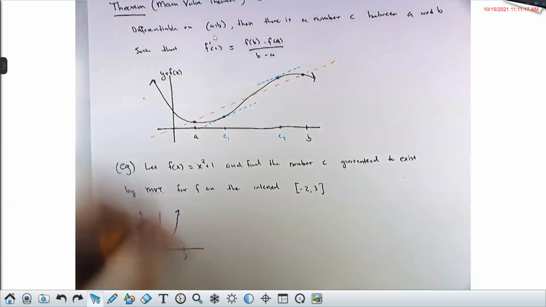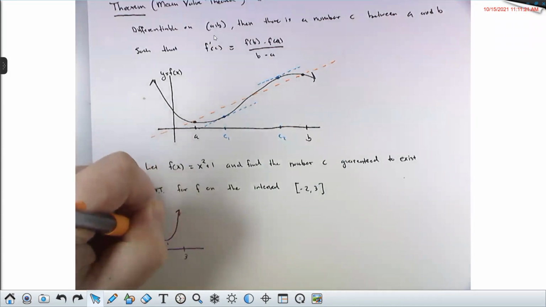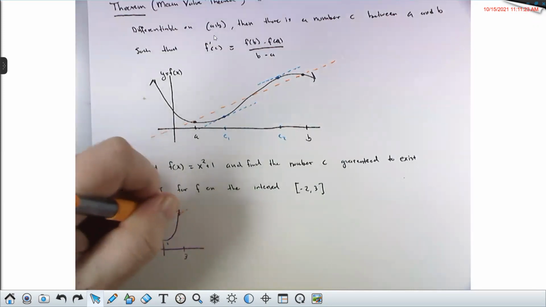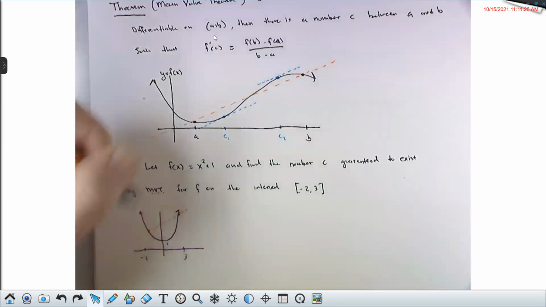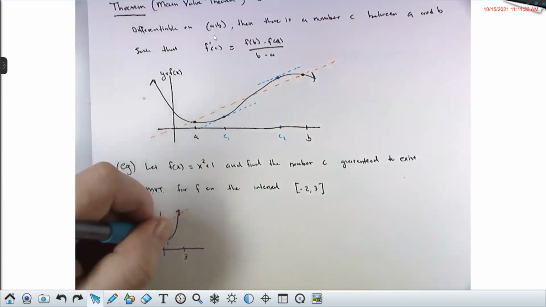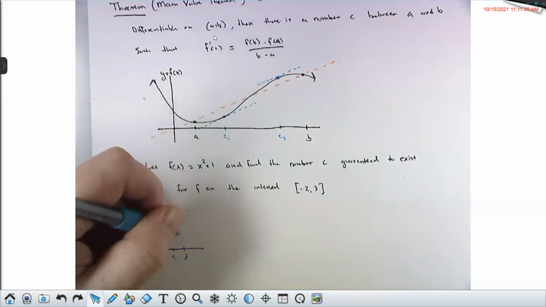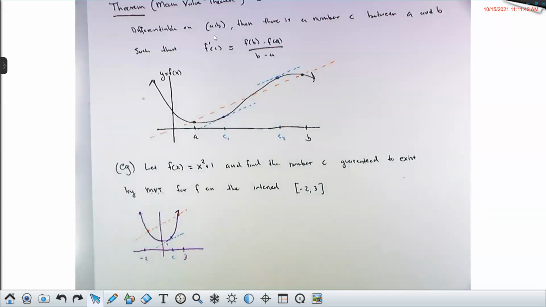So my secant line is going to be something like this. And I'm able to see, just by looking at it, that somewhere over here probably is that number c, right? Where I've got my parallel tangent.